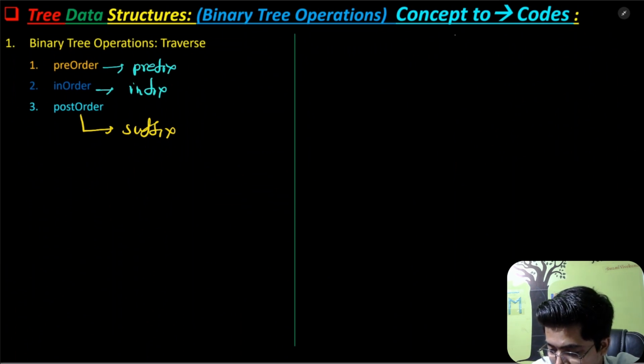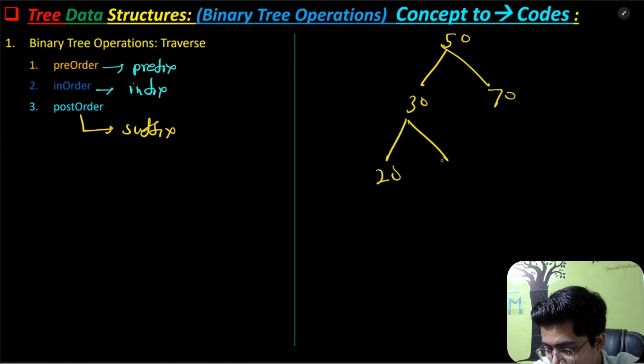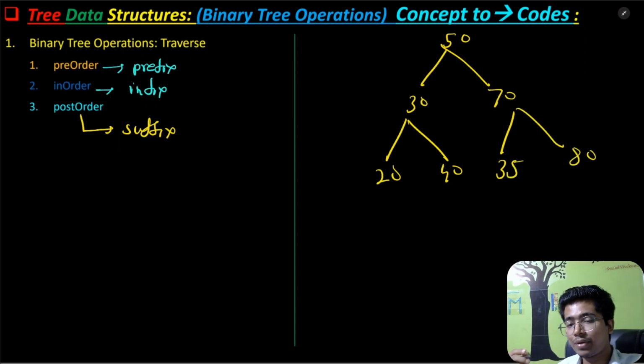That is 50, and then 30, 70, 20, 40, 35, 18. So we have just any type of tree, and we'll be traversing it. There are various strategies for how we can traverse the tree. First one, the pre-order.